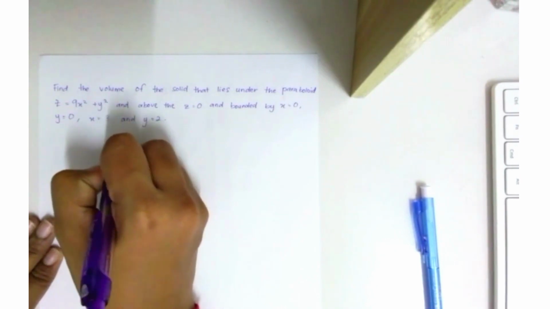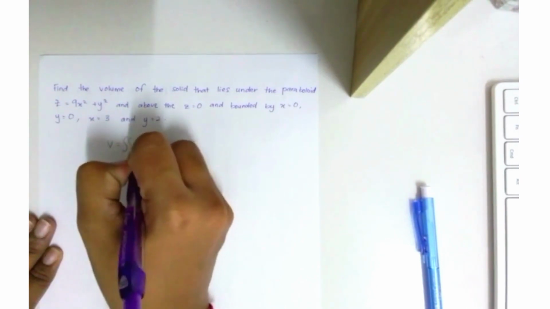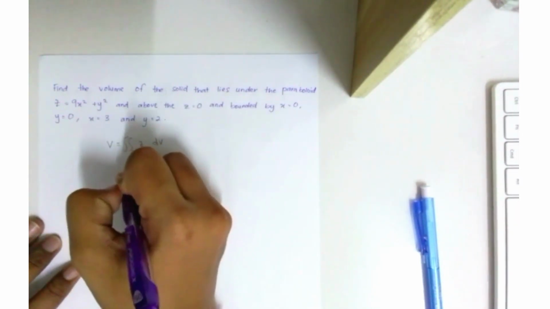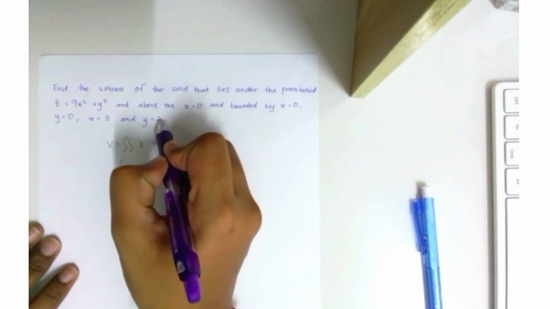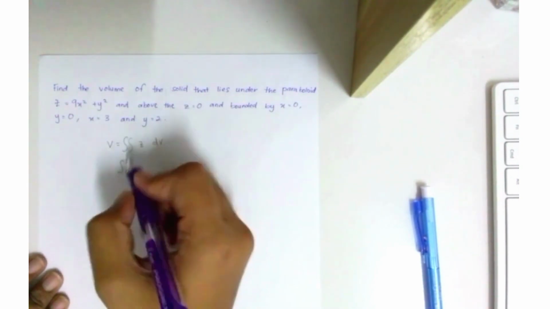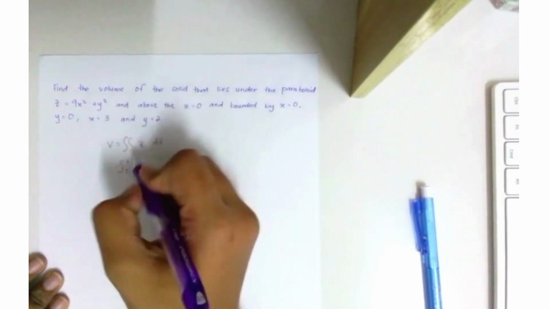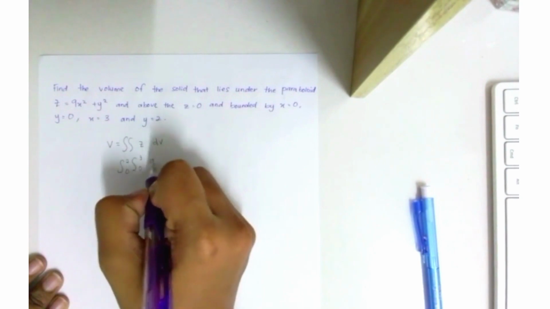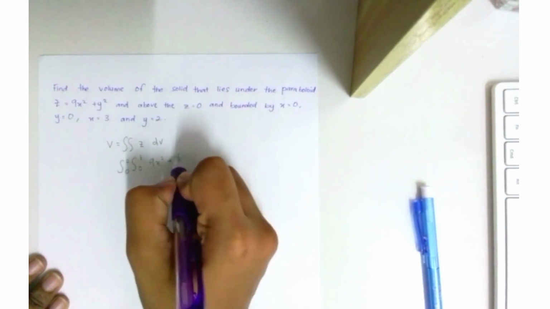We know that to find the volume with a double integral, we use the formula V equals the double integral of z dV. Our y limit is from 0 to 2. Next, the x limit is from 0 to 3. And our given function is 9x squared plus y squared.